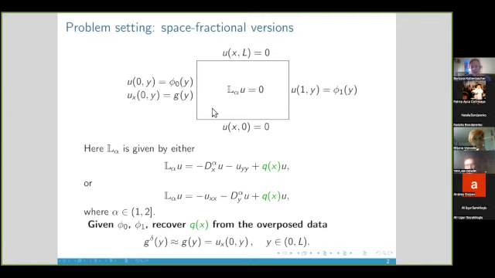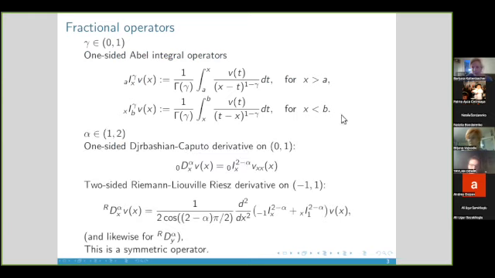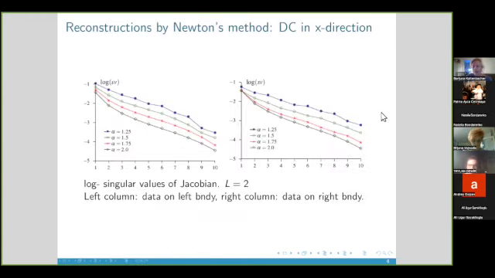This non-locality is a memory that goes from 0 to this right-hand endpoint where we take our measurements. That's why it's better to take the measurements at the right-hand endpoint, because it makes use of the memory from left to right. That's the explanation for the slower decaying singular values, so the less ill-posedness of the problem, as compared to the situation where we take measurements at the left-hand endpoint, where the memory is not of so much use, to put it like this.